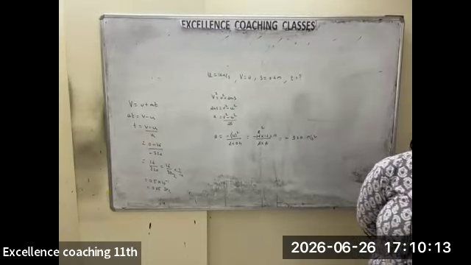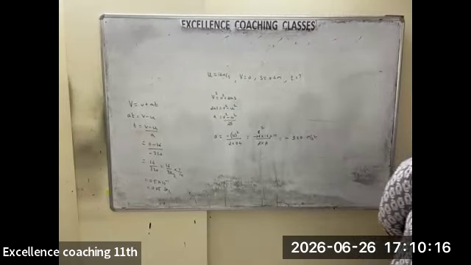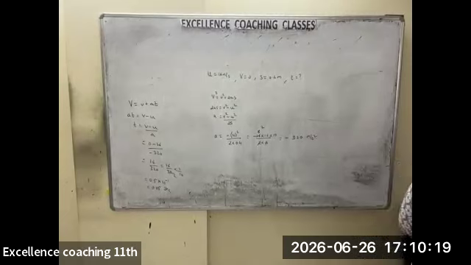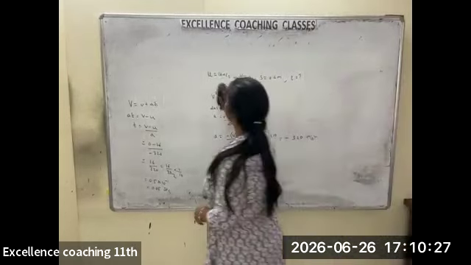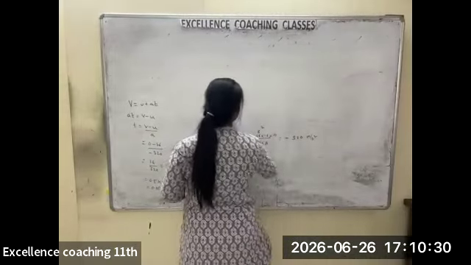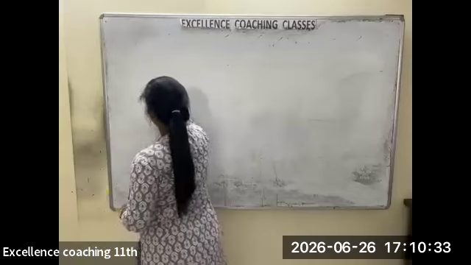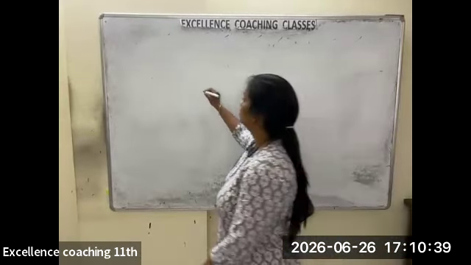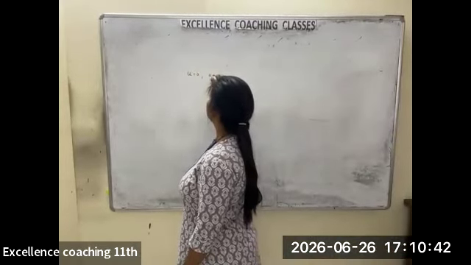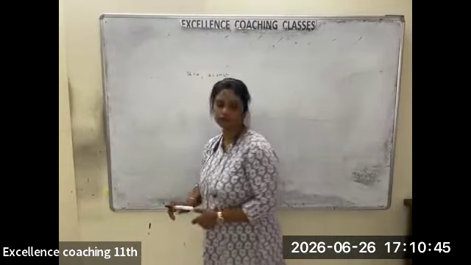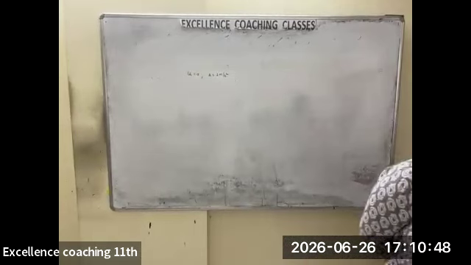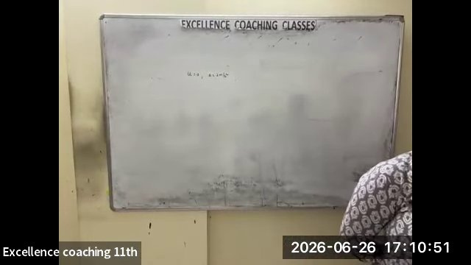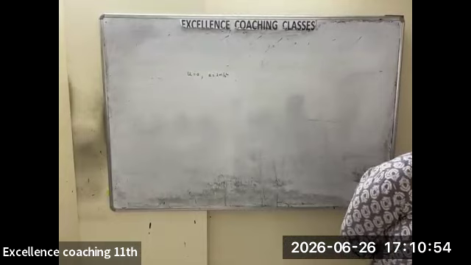So what is given? From the first statement, starting from rest, the initial velocity is 0. And acceleration is given as 2 meter per second square. Next, when will its velocity be 40 meter per second?